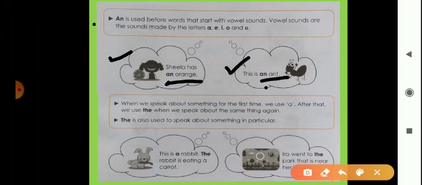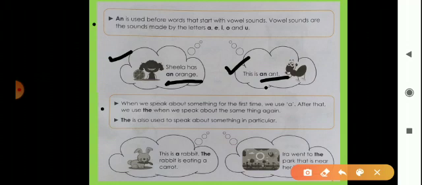Okay. Next, when we use the. When we speak about something for the first time, we use a. After that, we use the when we speak about the same thing again. जब किसी एक सेंटेंस में हम एक ही चीज़ के बारे में 2-3 बार बोल रहे हो तो फर्स्ट टाइम हम उसके लिए ए का यूज़ करेंगे.